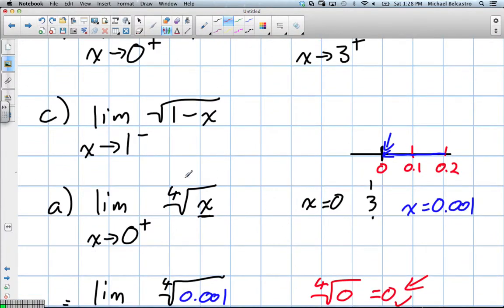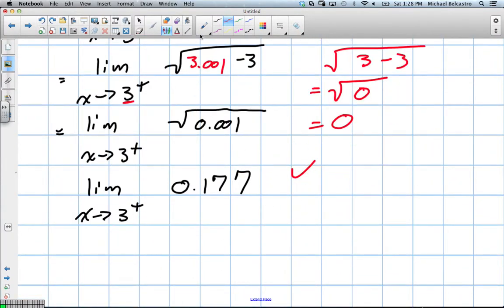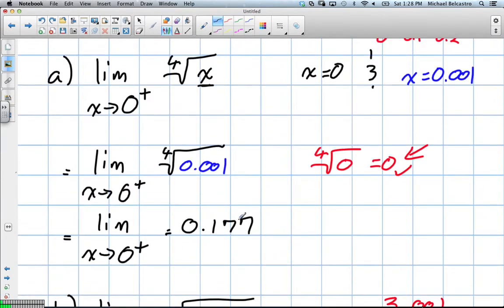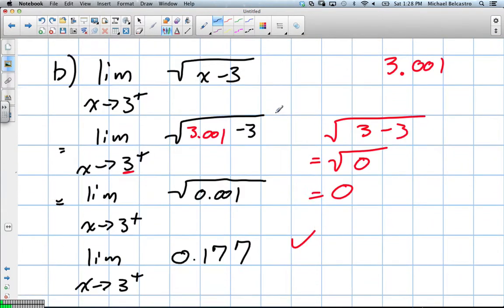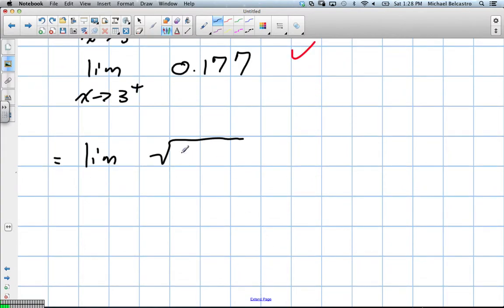How about the last one? The limit as x approaches 1 from the left. Okay, very last one. The limit of the square root of 1 minus x as x approaches 1 from the left. Well, from the left of 1, what value would we have?